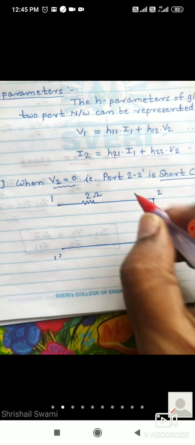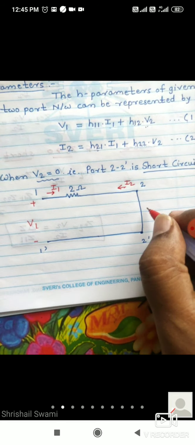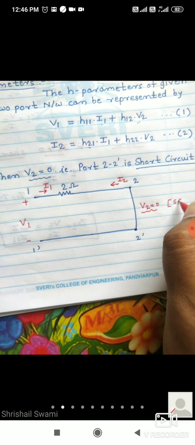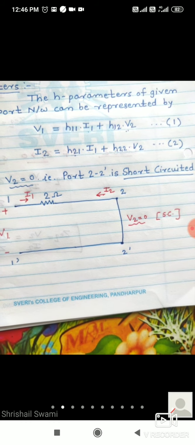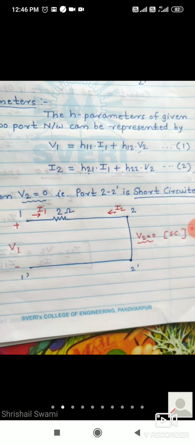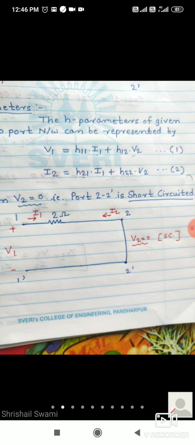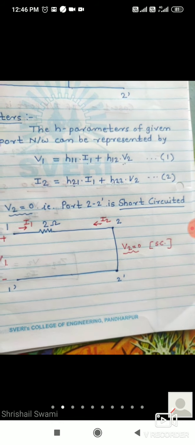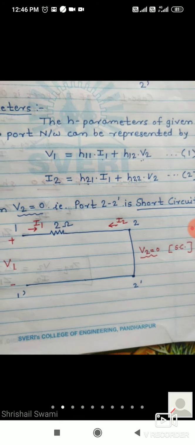Okay. So this will be current I2. हा करंट काय असणार आहे I1 प्लस मायनस V1 and this will be V2 equal to 0. म्हणजेच काय असणार आहे शॉर्ट सर्किट. Okay. Up to this point understood. 4 ohm will become open because exactly parallel there will be the short circuit. म्हणजे 2 to dash short केलं की 4 ohm automatic open होणार.